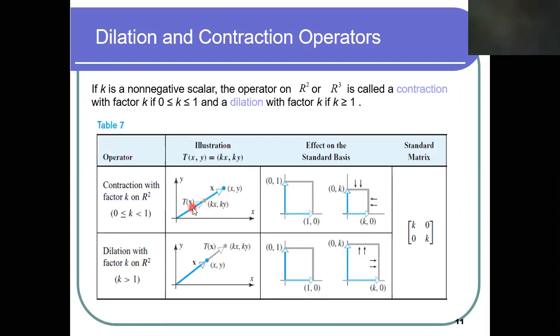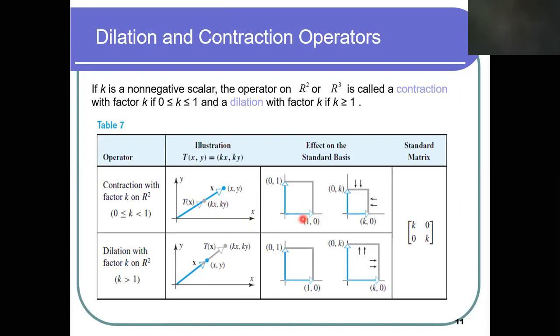So after applying T on x, our vector will decrease. In that case, we can say this is a contraction transformation. The effect of contraction transformation on the standard basis will be this one. If you apply 0 1 in this transformation, the x component will be 0 and y will be k.